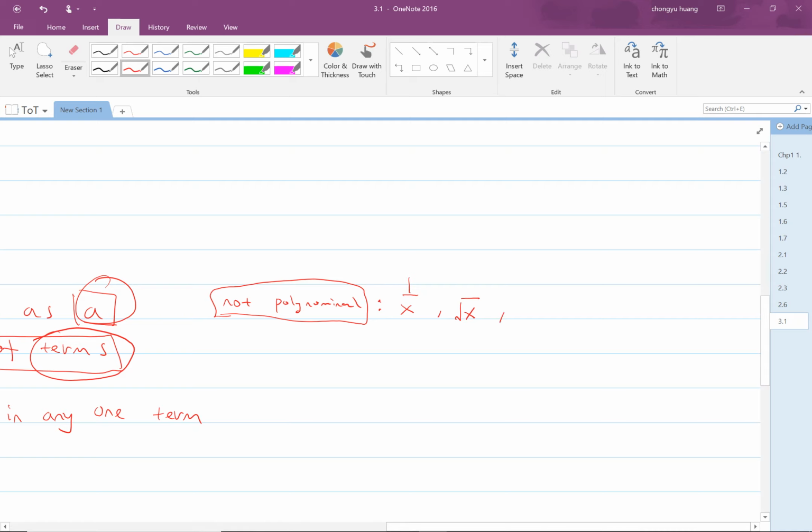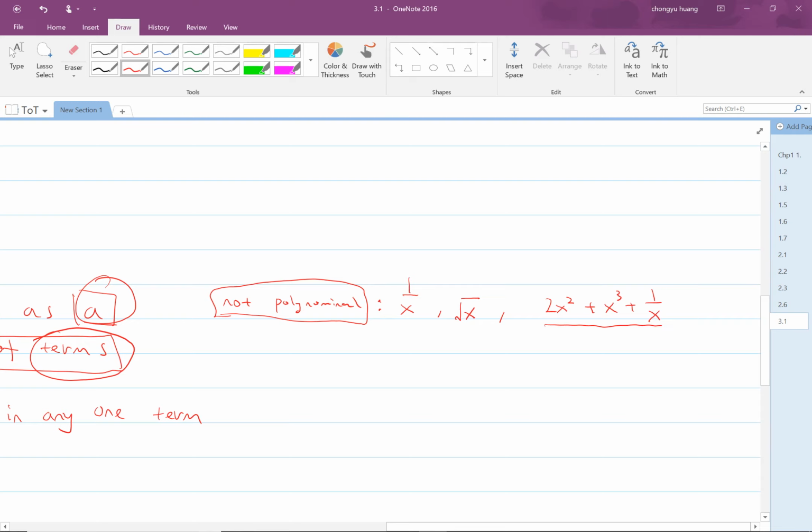Let me show you some terms. For example, maybe you have something like 2x to the power 2, plus another x, plus 1 over x. Or maybe x to the power 3, plus x, plus 1 over x.